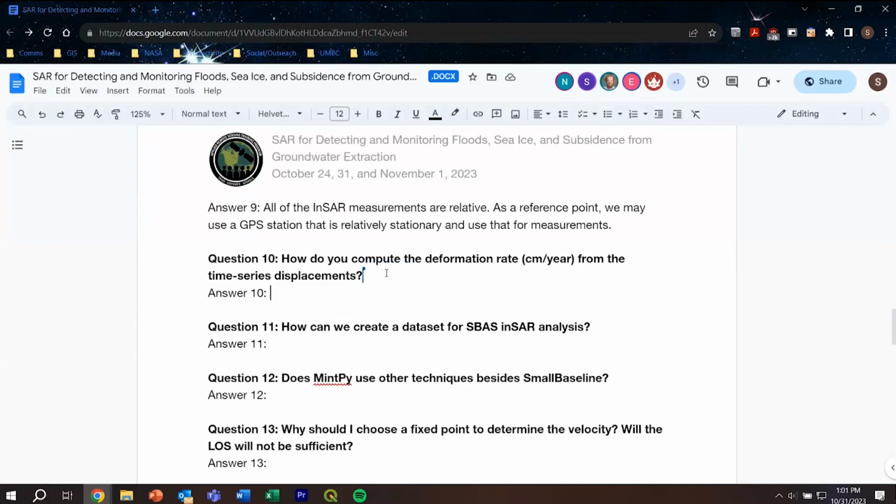You can do a linear fit. In some cases you can also optionally include a seasonal component, which is for more advanced analysis. So it's basically doing a linear fit to the time series for every pixel in the image.